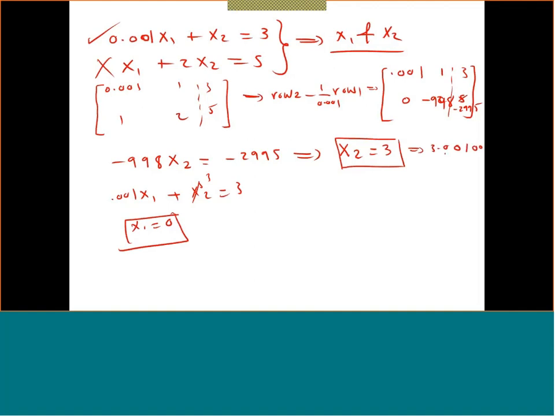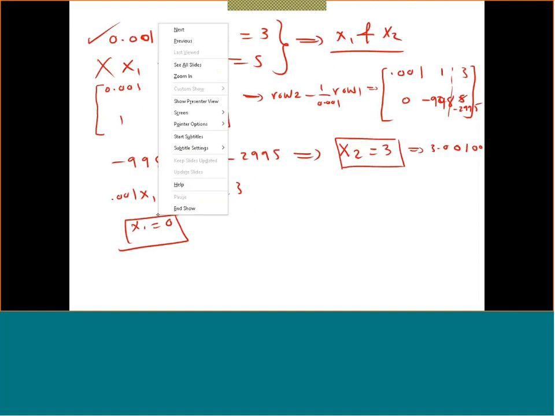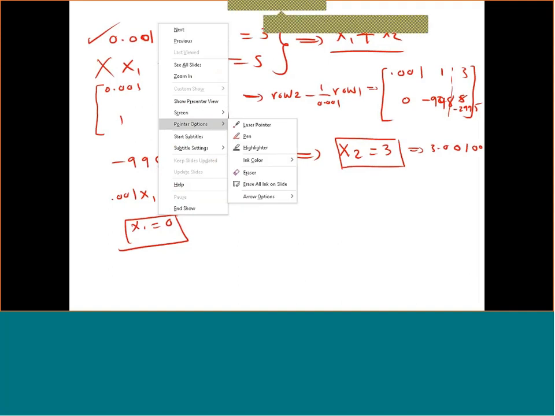So if you use 3 significant digits, then you will get 3.00 and you get here 0. Okay, now let's try to solve the same thing, but if I use partial pivoting, we'll see how things will go.